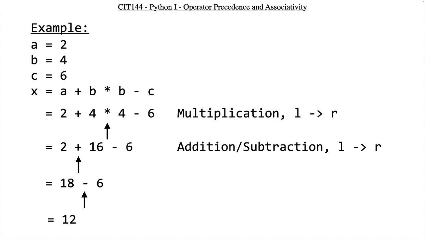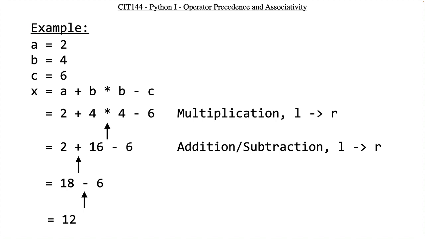You may remember from elementary school or middle school that addition and subtraction are associative. What that means is it doesn't really matter what order. What I've shown here is the way Python would evaluate this. But if for some reason I did the 16 minus 6 first and got 10, and then 2 plus 10 is 12, I would come up with the same answer, if the operators are associative.